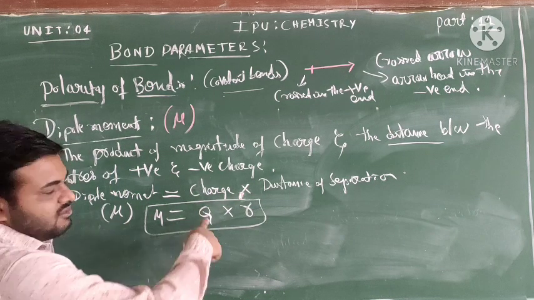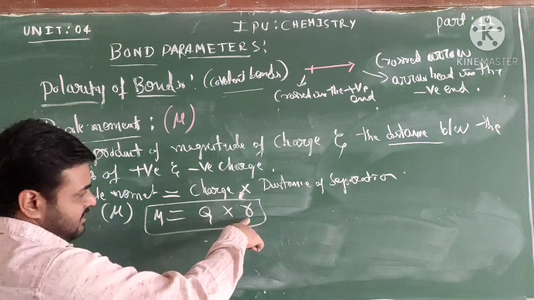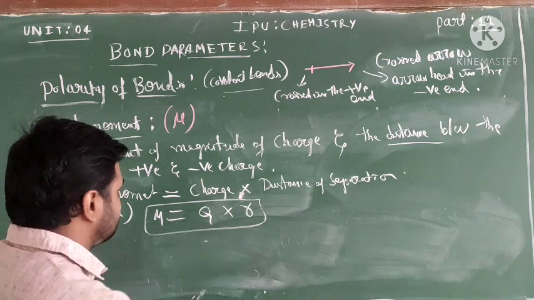So dipole moment is the product of charge between positive and negative charge and distance. It's a representation of radius.